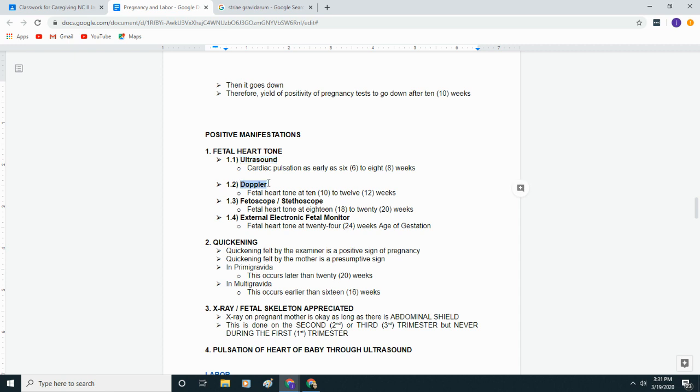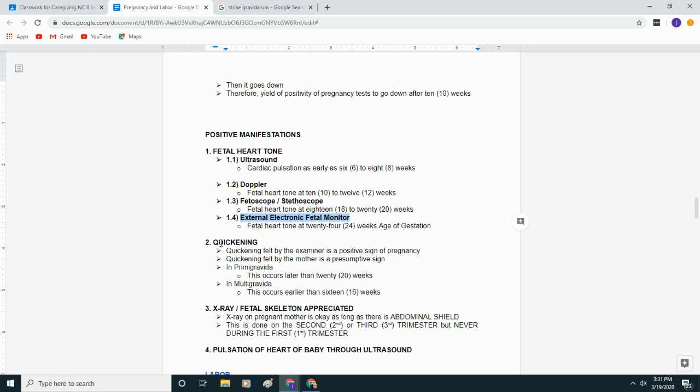This is a portable microphone-like instrument. Fetoscope or stethoscope, you can also hear that. Then external electronic fetal monitor. So, positive sign, again, there is a fetal heart tone.